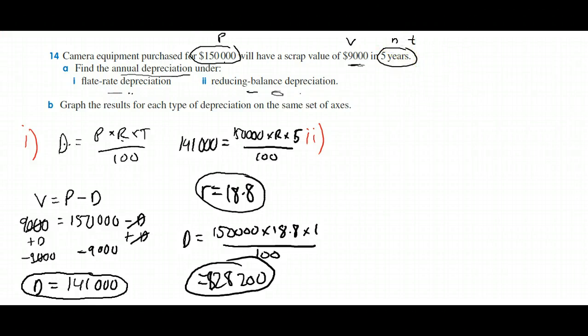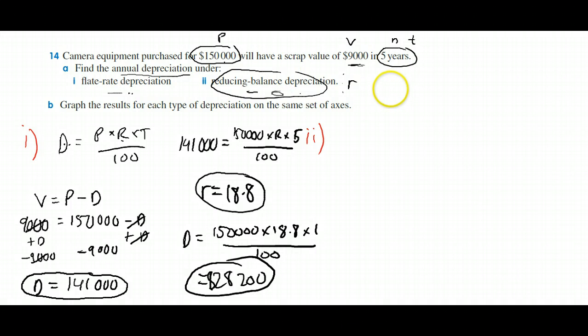Okay, for the second part of this bit, the reducing balance depreciation, because the reducing balance depreciation is going to be different each year, and we also don't know the depreciation rate, we're just going to settle for working out R for this situation.